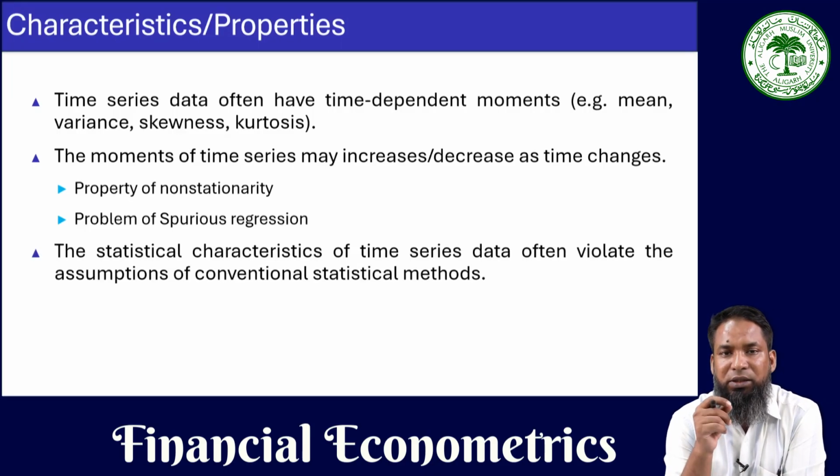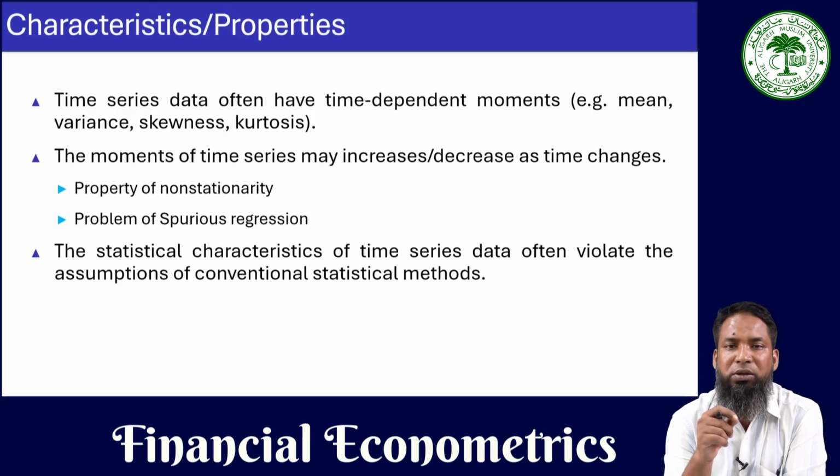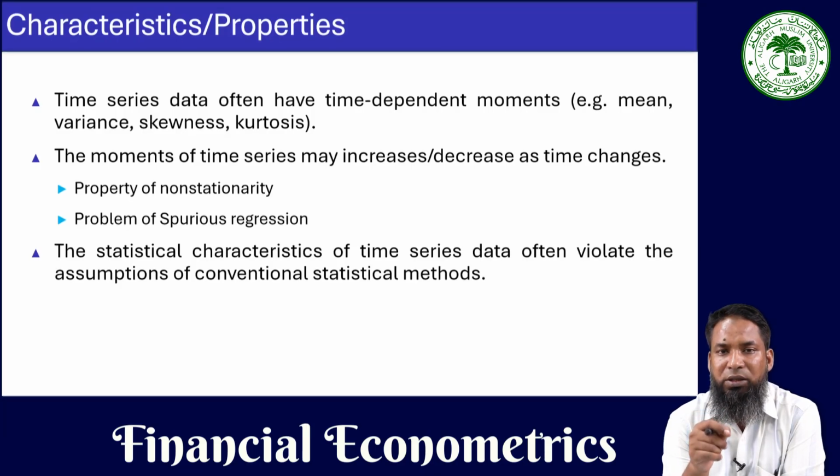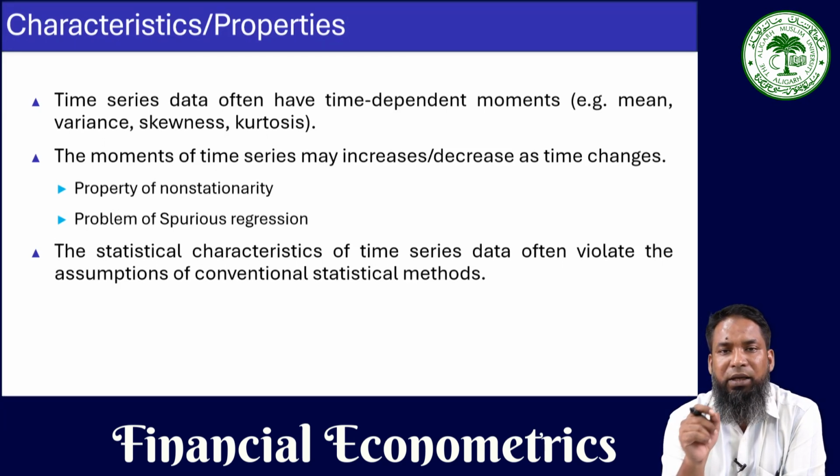Spurious regression means statistically you will find that there is a relationship because both series are following a time trend, both are increasing, but in actual sense there is no relationship between these two variables. If you run OLS, the coefficients may be statistically significant and R square may be quite good. However, that is happening because of the statistical nature of the data. Both are trending in the same direction or in the opposite direction, but inherently there is no relationship between these two series.